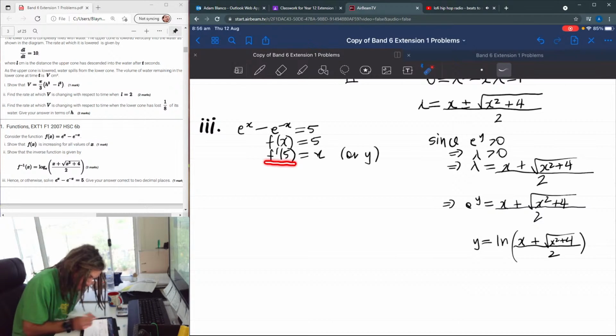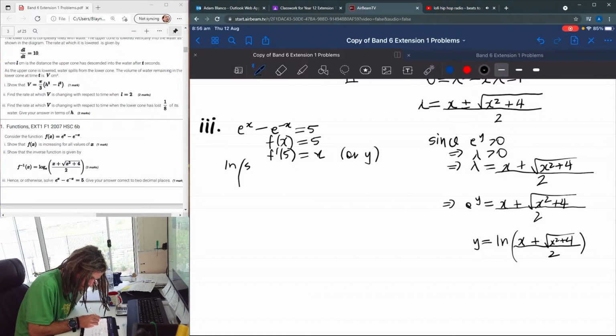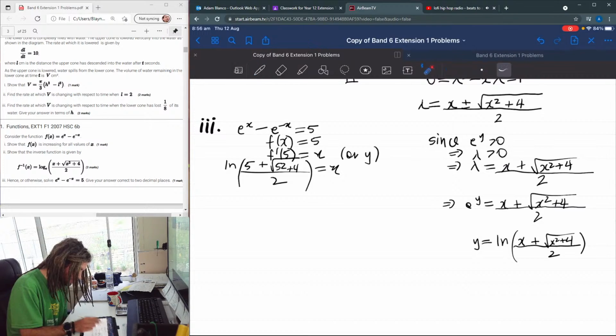I know what the inverse is, it's all this. So I can just write on this side of the equation, ln, with a 5 in it, so 5 plus root 5 squared plus 4, all on 2. That's going to equal x or y. Is it meant to be f inverse? Do you mean this or this?